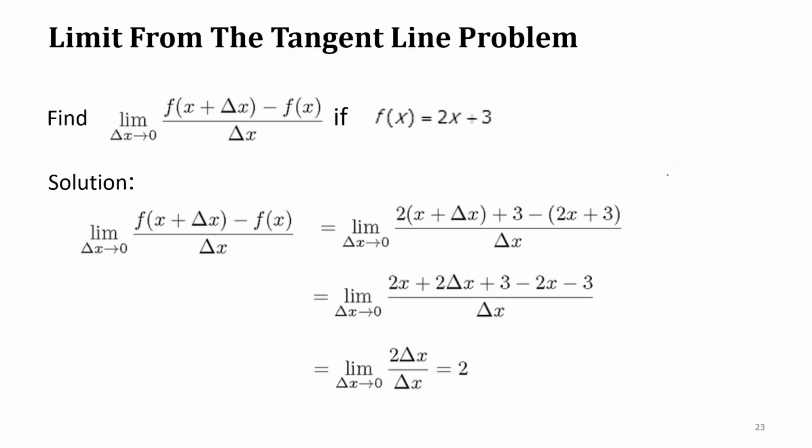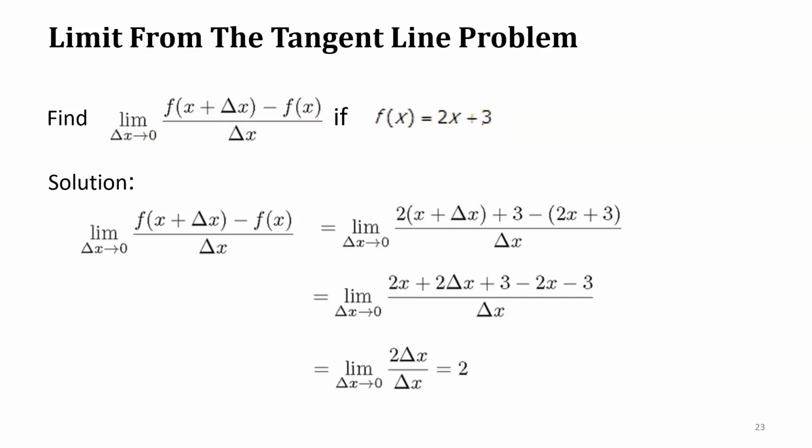Okay, the last one will be the limit from the tangent line problem. Okay, this one is important. You have, for example, find the limit of f of x plus delta x minus f of x over delta x as delta x approaching 0, if f of x equal to 2x plus 3.